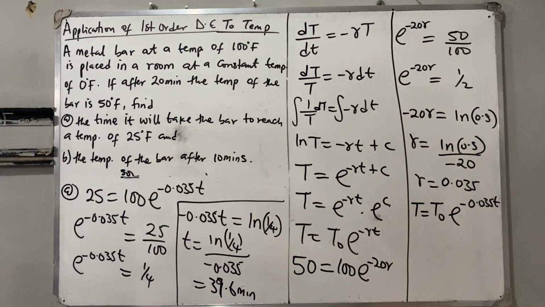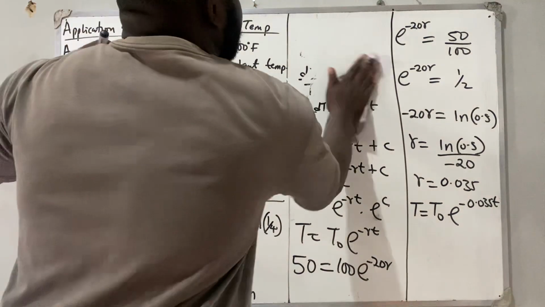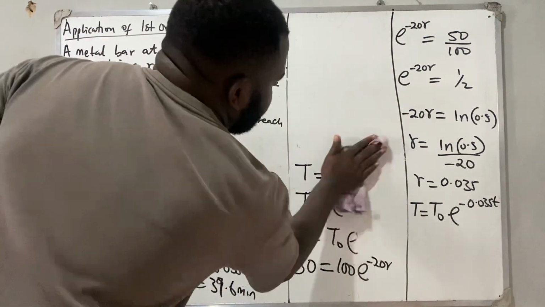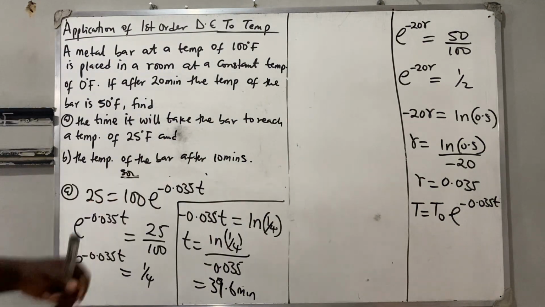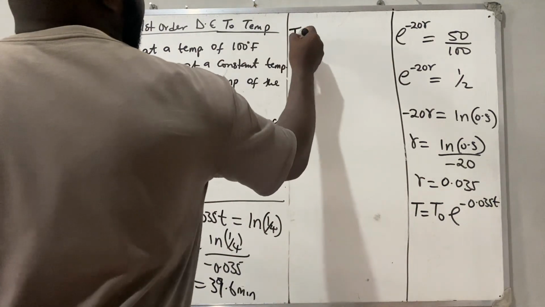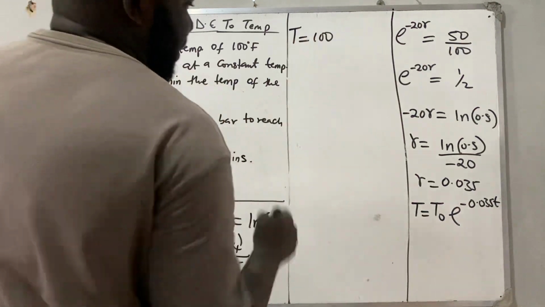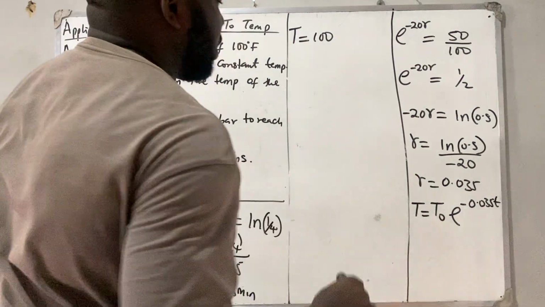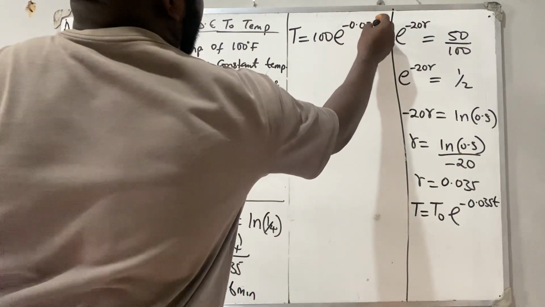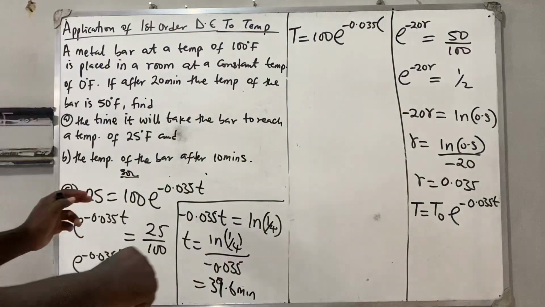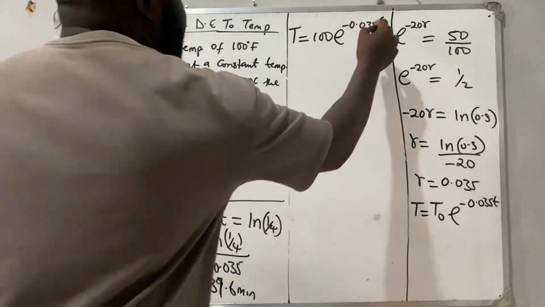So let us now solve the second question. Question number 2. So permit me to clean here to solve question number 2. Question number 2 here said we should now calculate the temperature. So we're looking for T now, which is equal to 100. Remember that our T naught is always 100. 100 exponential minus 0.035 multiplied by the time they gave us here, which is 10 minutes.